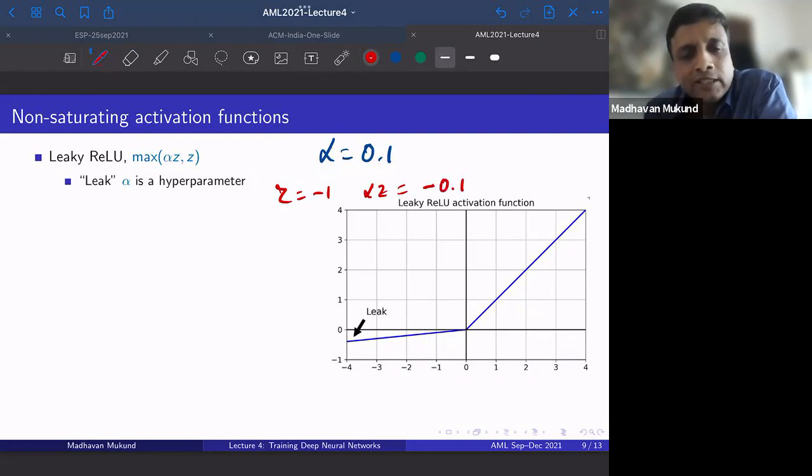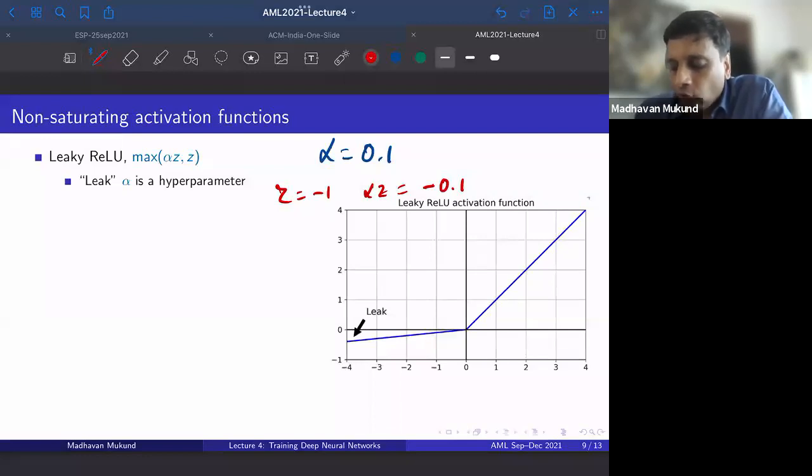So technically alpha z is bigger than z. As long as alpha is smaller than 1, for a negative input alpha z will be bigger than z, so you get alpha z instead of z. You get a narrow sloping line, and the advantage is that this will not go to 0. Neurons will have slower learning in this part because your gradient is going to be lower, but you're not going to have 0. This is called a leaky ReLU.